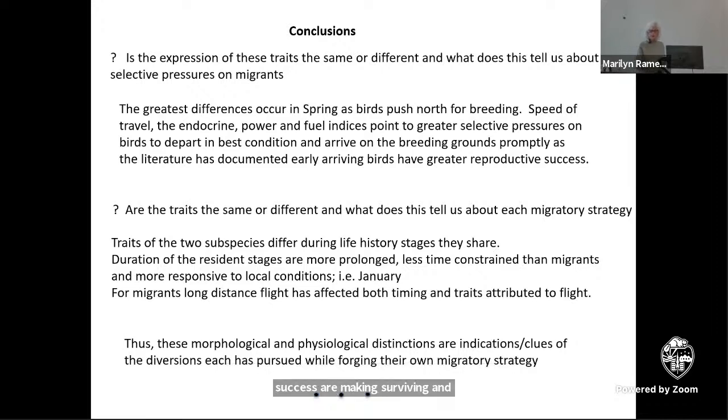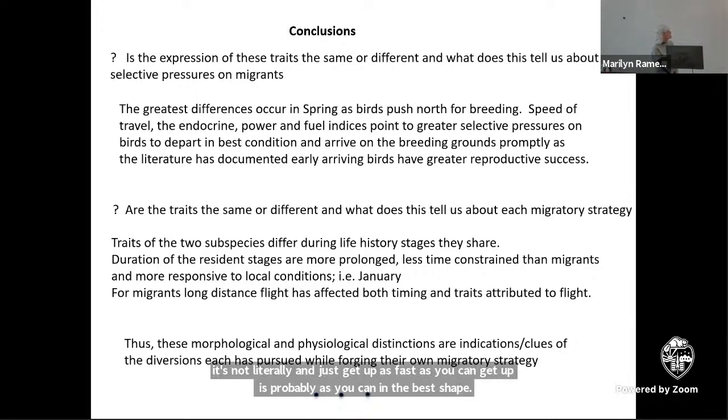And the other caveat is arriving in a year like 2013, a snow apocalypse year, arriving early is not going to make any difference. You simply have to arrive, survive, and then initiate breeding. So it's not just get up as fast as you can. Get up as promptly as you can in the best shape you can.